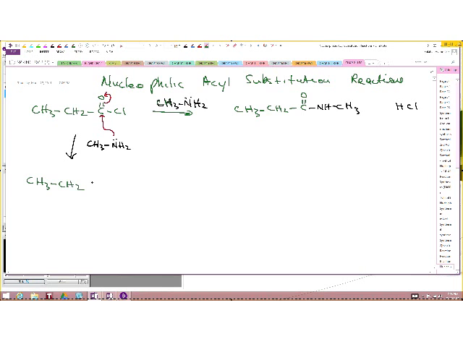It's a very rapid reaction. Keep in mind we have a non-bonding pair of electrons here to start with. So now we have this tetrahedral intermediate.